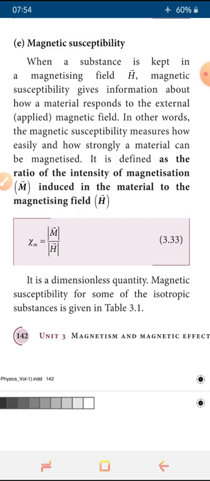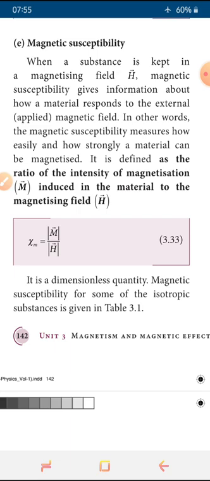What symbol do we use to denote that? The M vector, the magnetization induced in the material. The next one is the magnetizing field, that is H vector. So these two will be taken, and between these two we are going to take the ratio. That ratio only is called magnetic susceptibility.